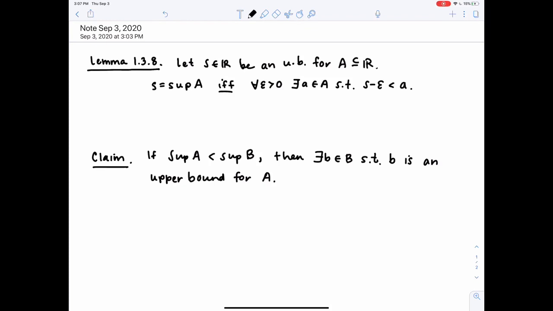First of all, I want to point out that we're going to be using Lemma 1.3.8 to approach this problem.